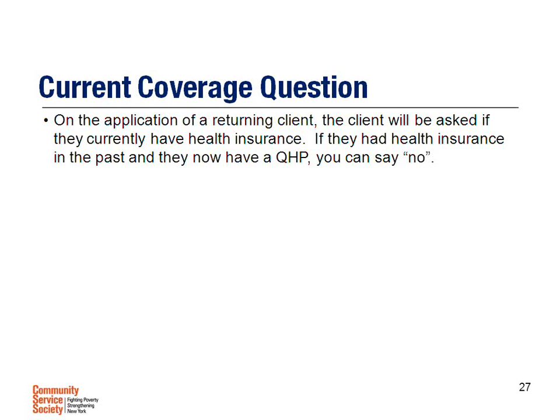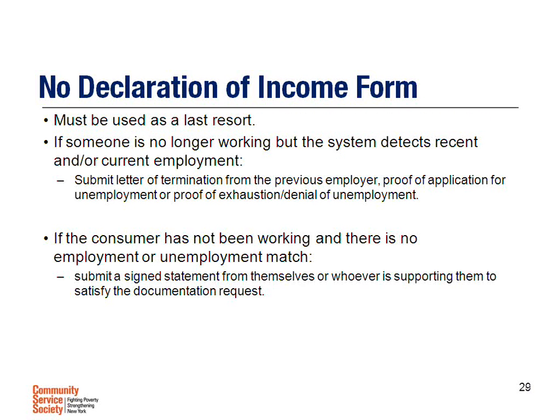That was more or less the advice we got from the state. I know I've been doing it. I'm not so sure if it's still the correct way, but the common sense guideline is that when you're going through the application of someone who had a QHP and maybe their QHP is still active for the month of December, you can go ahead and say that they do not have health insurance in order to move through the application.